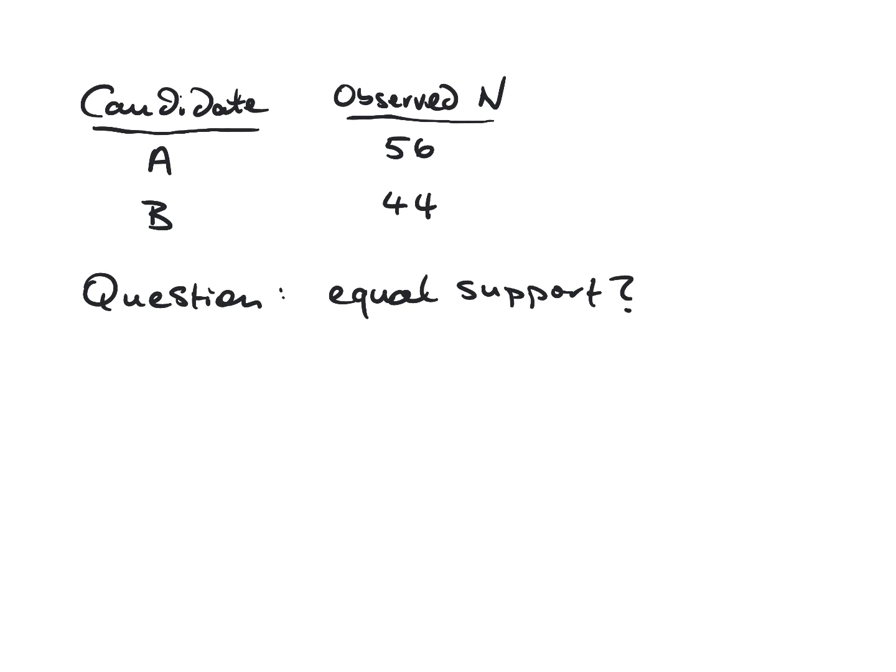Imagine that we go out and conduct a survey and interview 100 people, and we ask them which candidate they intend to vote for. Some of them, 56, say that they'll vote for candidate A, and the remaining 44 say they'll vote for candidate B. And the question on my mind might be, do these 2 candidates have equal support?